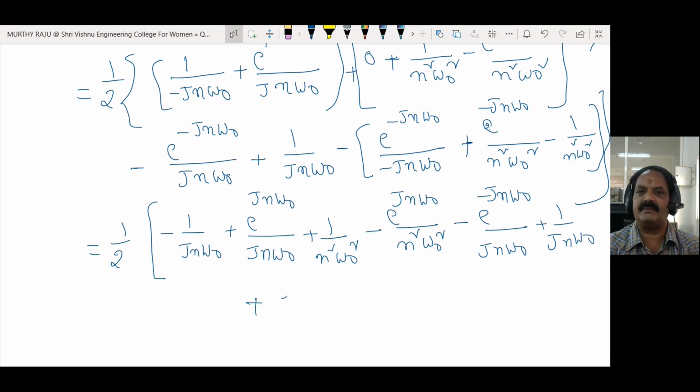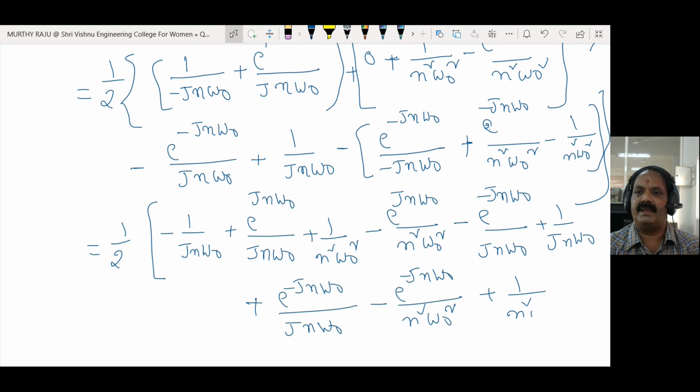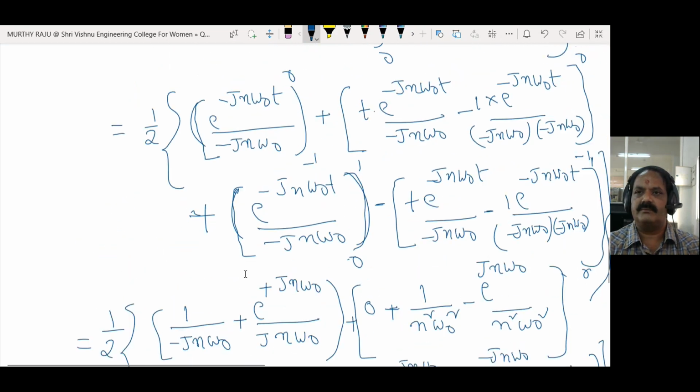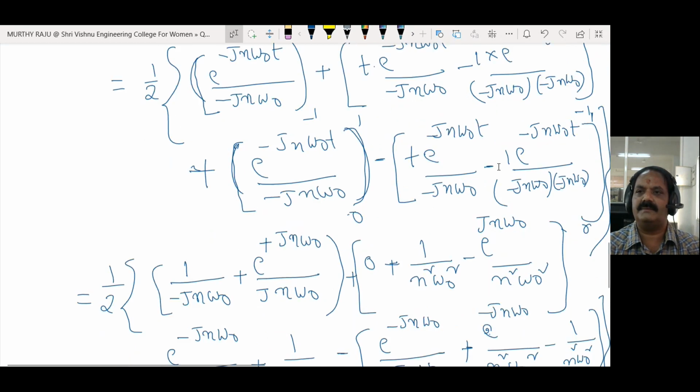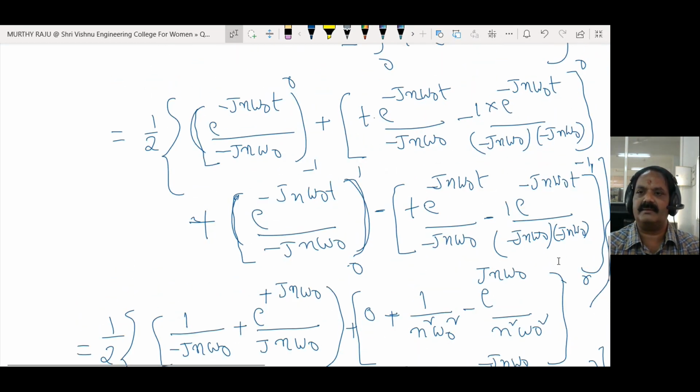Here minus into minus plus e power minus j n omega naught by j n omega naught, minus into minus plus e power minus j n omega naught by n square omega naught square, minus into minus plus 1 by n square omega naught square. For this one, 0 minus 1 plus 1 by n square omega naught square here.